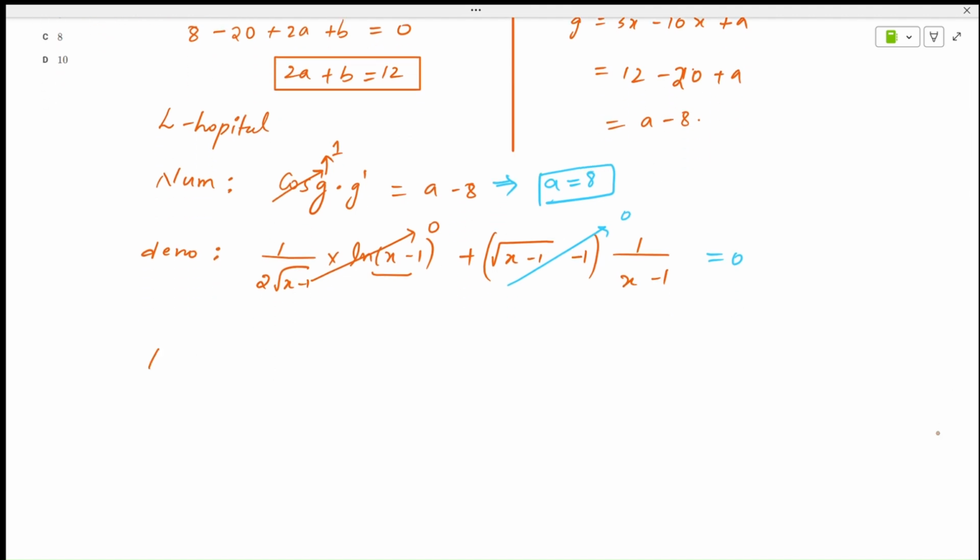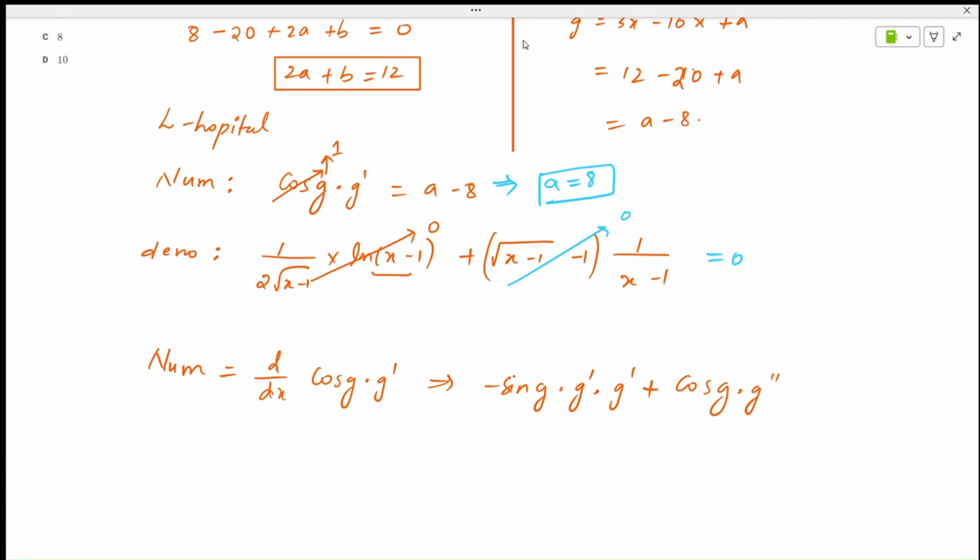Now the numerator becomes, here we are differentiating d/dx of cos g into g dash. So we'll get minus sine g into g dash plus cos g into g double dash.